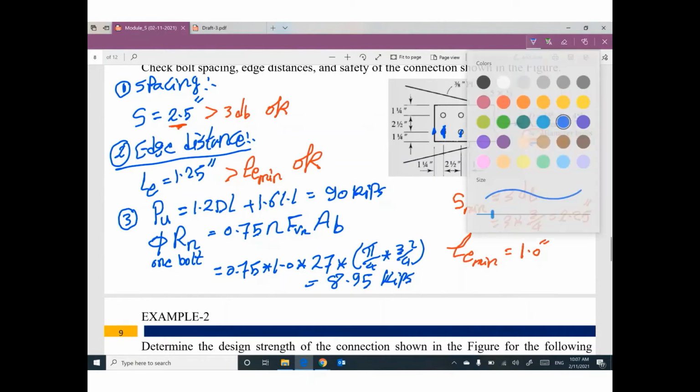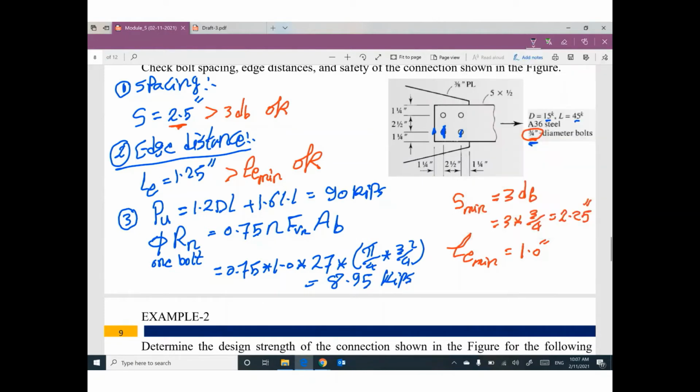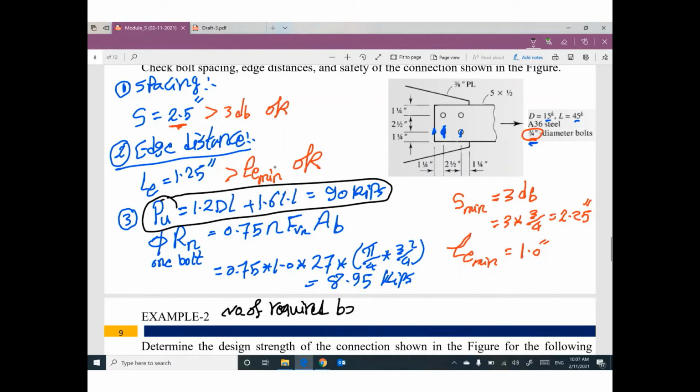Can you tell me how many bolts I need to support this force? The number of required bolts equals P ultimate divided by phi Rn. Divide 90 by 8.95. So what is the value? We need 10 bolts.